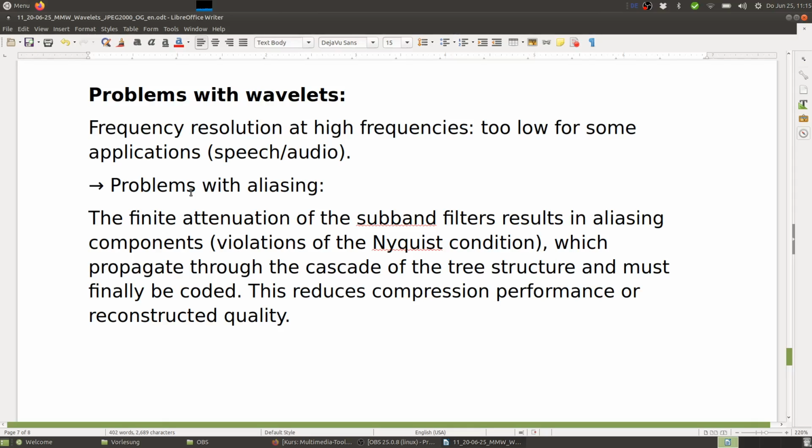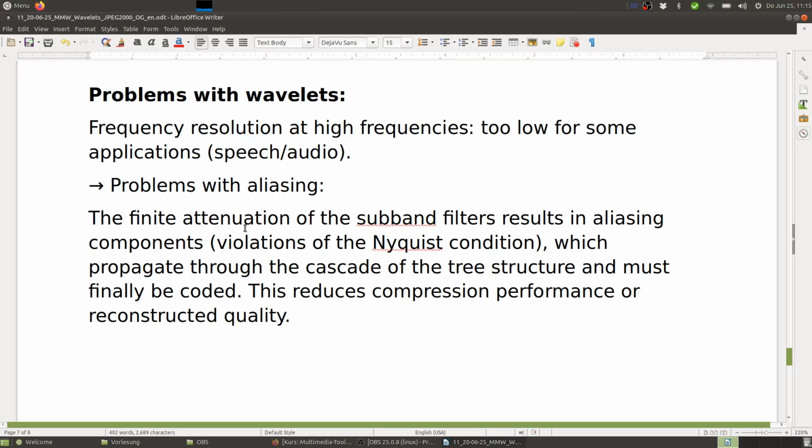Aliasing occurs when we don't have ideal filters. Right? Remember, we have this low pass, high pass, and we saw that this high pass is far from perfect. It's pretty good near DC, but then it has a very wide transition band, and that means we get aliasing because we violate the Nyquist condition, because we do the downsampling by 2 anyway.